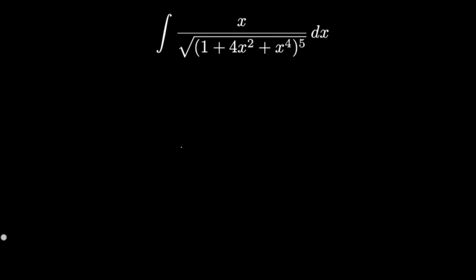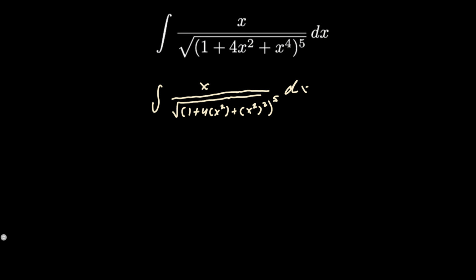What we will do is rewrite our integral as the integral of x divided by the square root of 1 plus 4x squared plus x squared squared raised to the 5 dx.